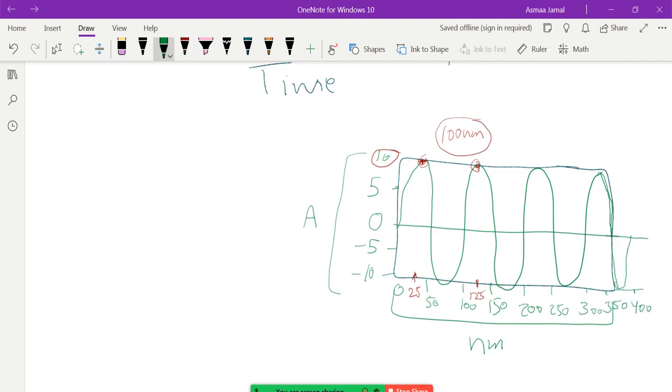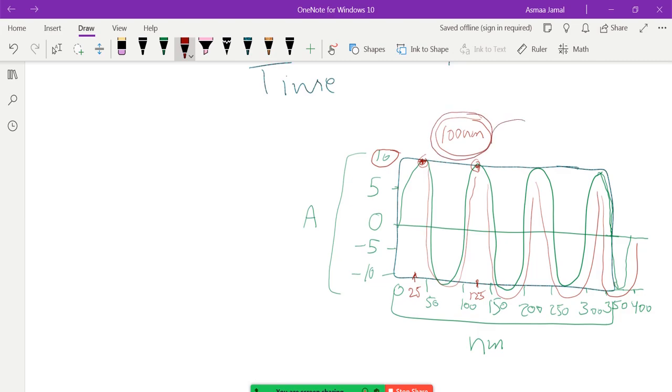Can we calculate the velocity or the speed from this picture? If we count the cycle, which means how many times the wave repeats itself, this is one repeat, this is the second repeat, and the third and the fourth repeat, which means 4 times. And we have the wavelength 100 nanometer.